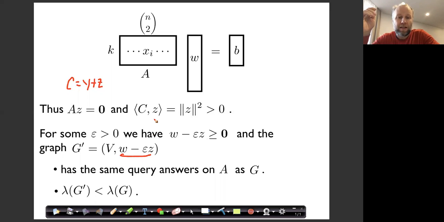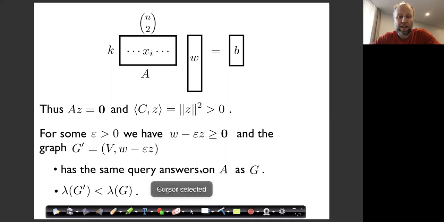If you're not familiar with certificate complexity, you can also see that that's a lower bound on the query complexity, because as your algorithm makes queries, I always answer the query according to G. If the number of queries you've made is less than the cut dimension, then I can come up with this other graph G', which has the same answers to all the queries, but a different minimum cut value. Therefore, your algorithm can't output the right answer, because the input, according to your view, could be G or G'.